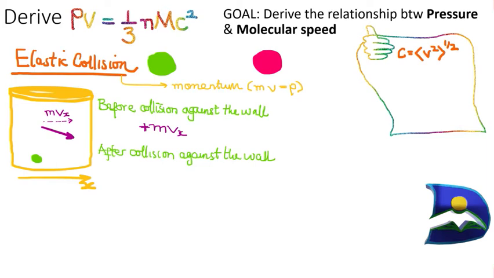So after collision against the wall, our x velocity is in the negative direction.